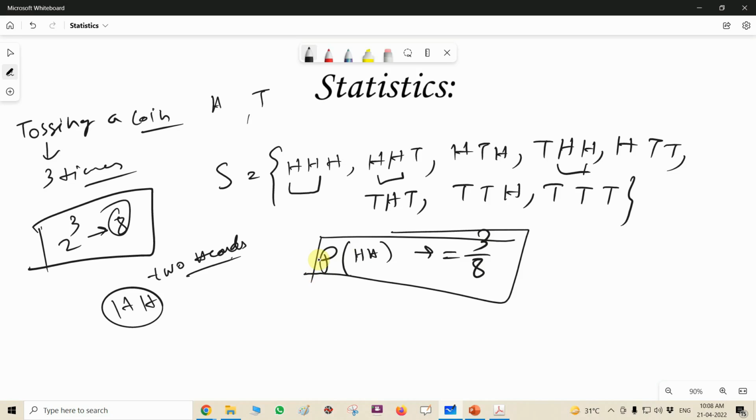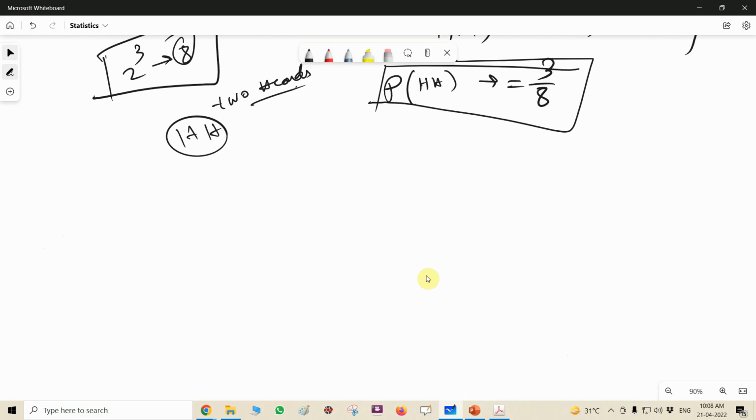Now tell me, we did this for 3 tosses. Same example, but you are doing the toss 10 times. How many times will you have HH, two consecutive heads?